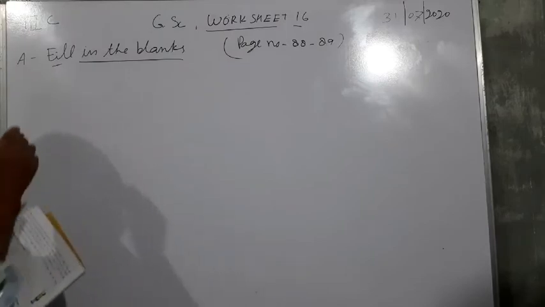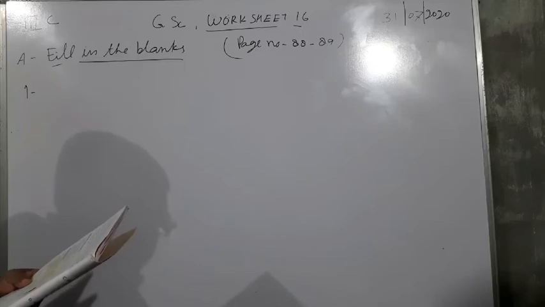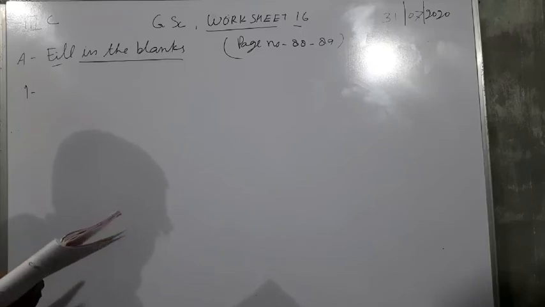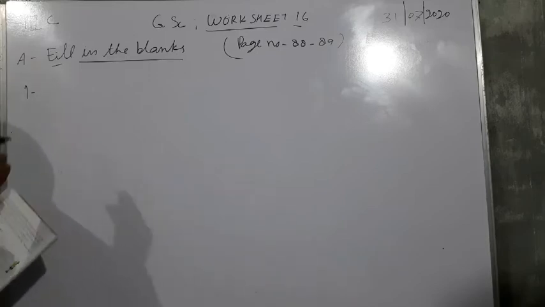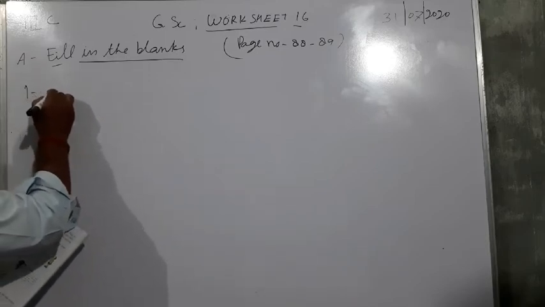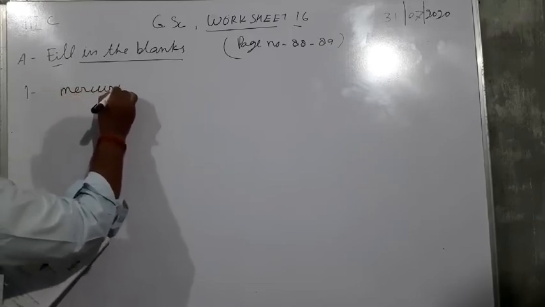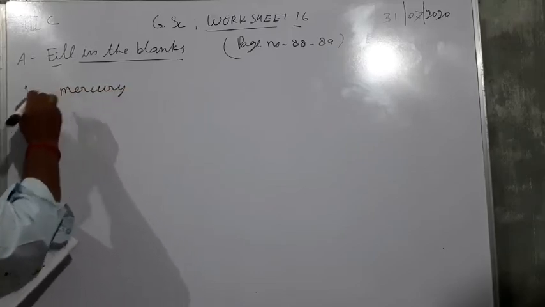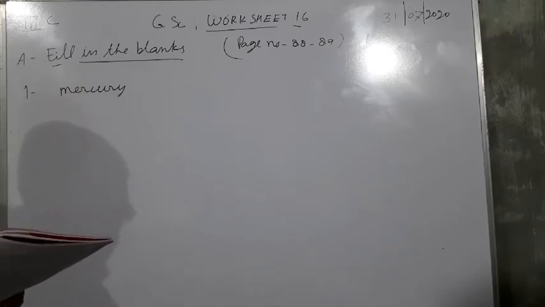Now see first, the closest star to us. So first you have to write the Mercury. Mercury will be filled here. Mercury is the closest star to us.